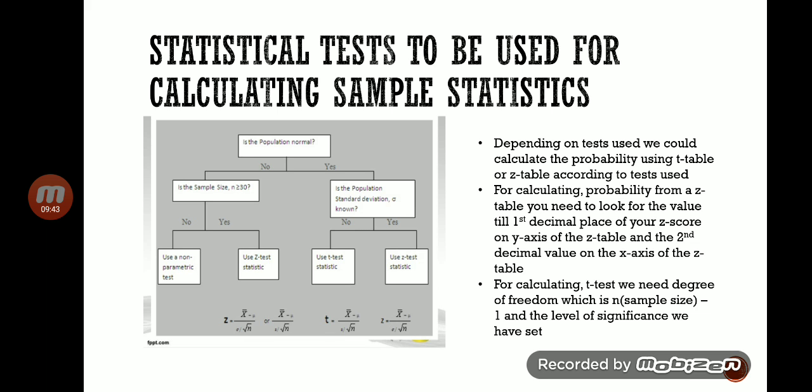So the probability of x bar to occur on this population distribution or sample distribution is calculated from the z-score.